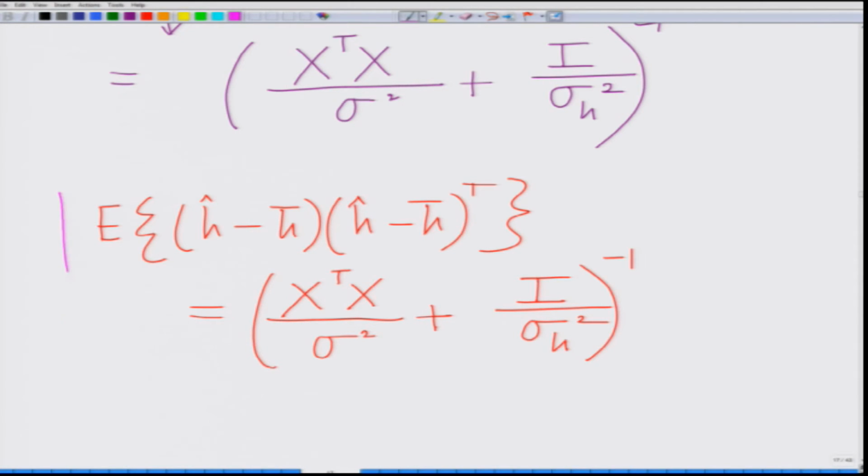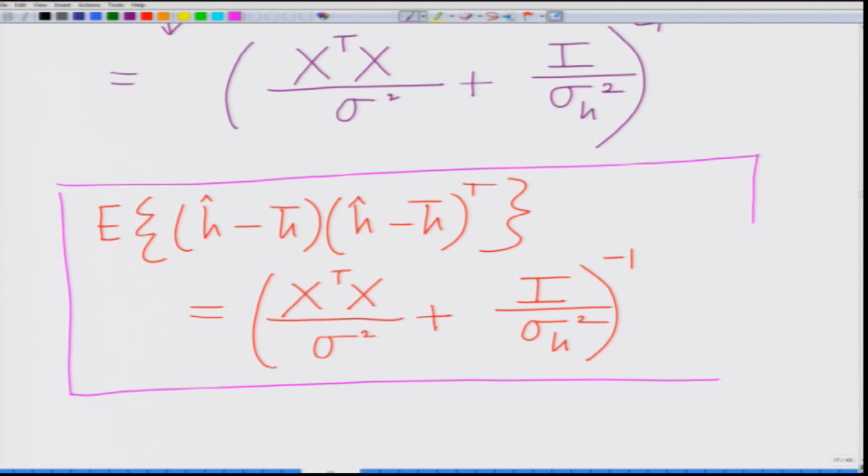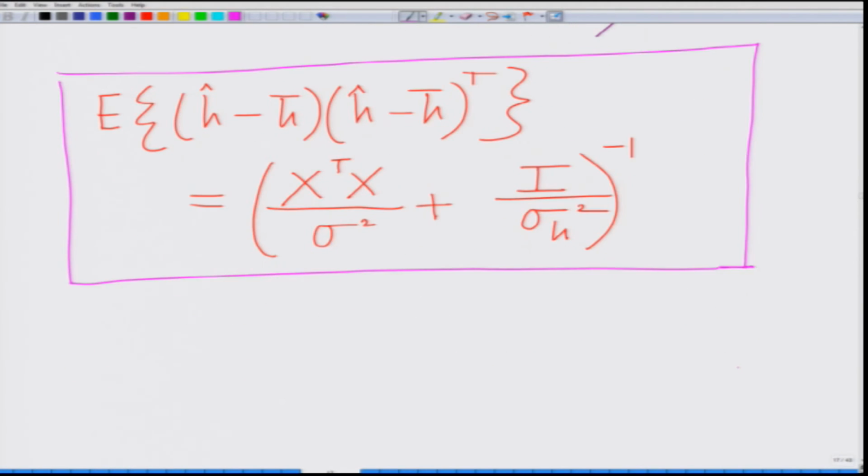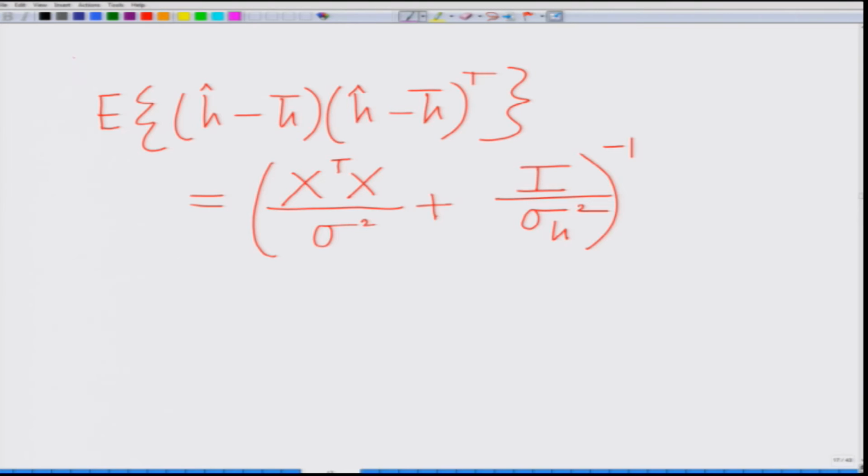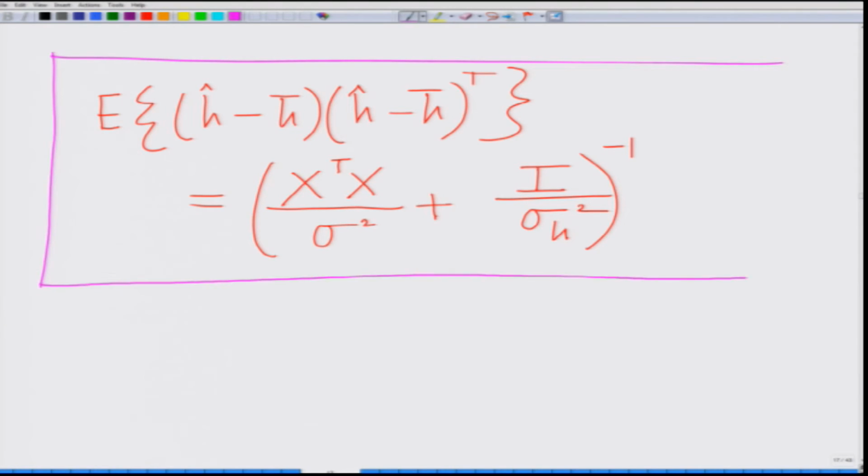This is the error covariance for your vector parameter model. Of course, we have done this in the context of downlink multi antenna channel estimation, but realize that this is the general expression for an error covariance for the estimation of a vector parameter.